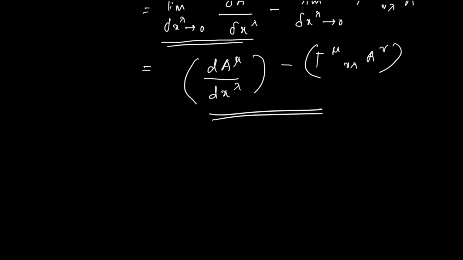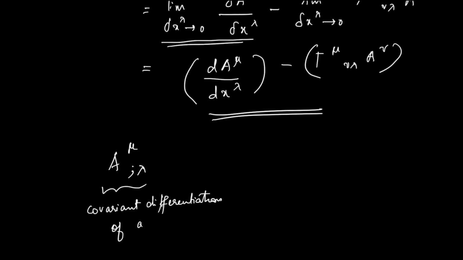The covariant derivative is denoted by a semicolon with respect to lambda. So this represents the covariant differentiation of a contravariant vector.